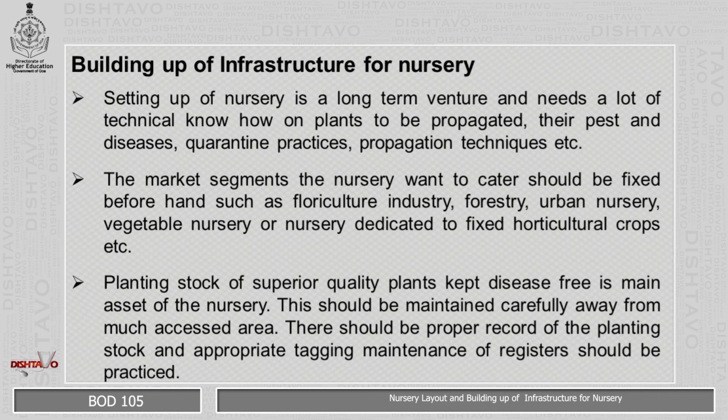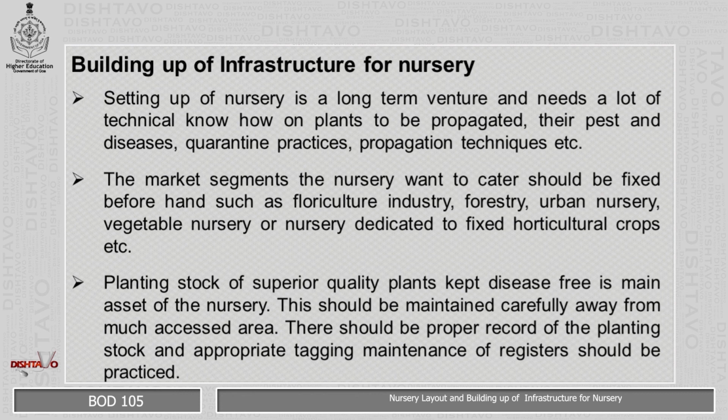The planting stock of superior quality plants, kept disease free, is the main asset of the nursery. The nursery should build up a planting stock of good, vigorous mother plants which can be used for grafting or budding or other activities like collecting cuttings.